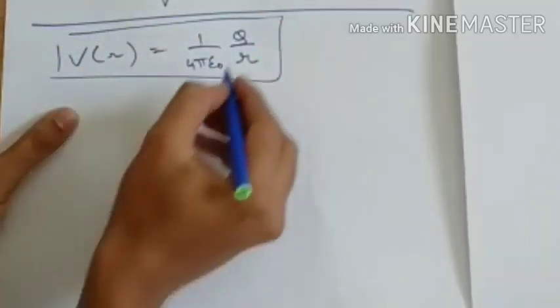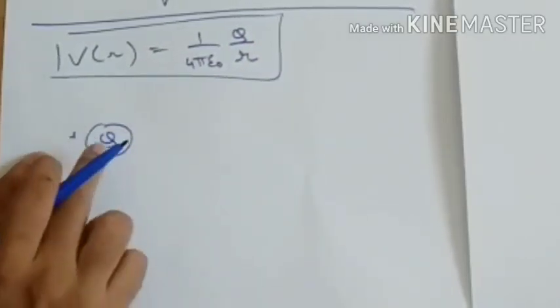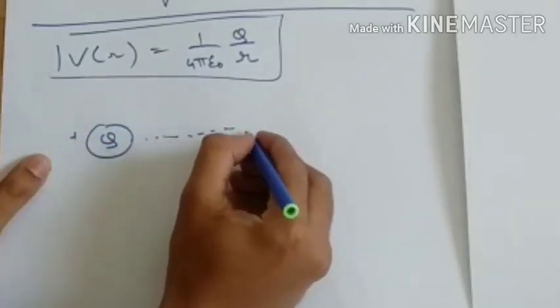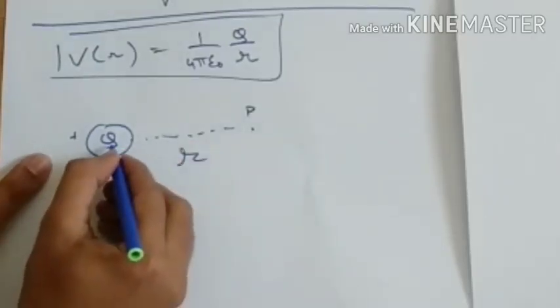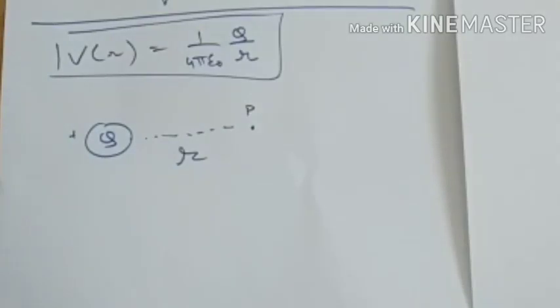Remember this formula. What is capital Q? Capital Q is our source charge. Then at a distance of R from Q, at this point P, is where our test charge of 1 coulomb is kept.